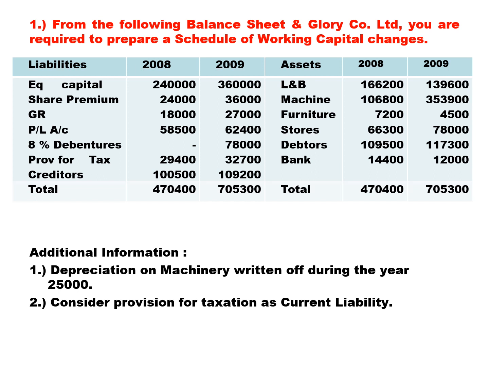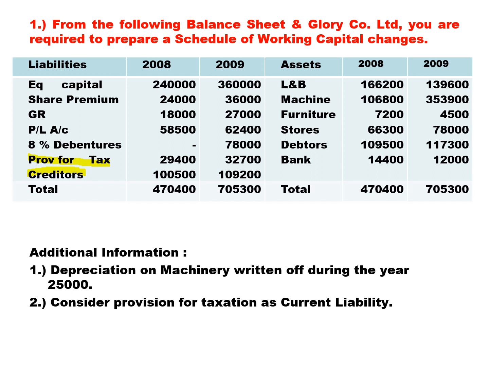From the following balance sheet of Glory Limited, you are required to prepare a schedule of changes in working capital. Equity share capital, share premium, general reserve, P&L account, 8% debentures: ignore. Provision for tax, treat as current liability. Creditors, treat as current liability.